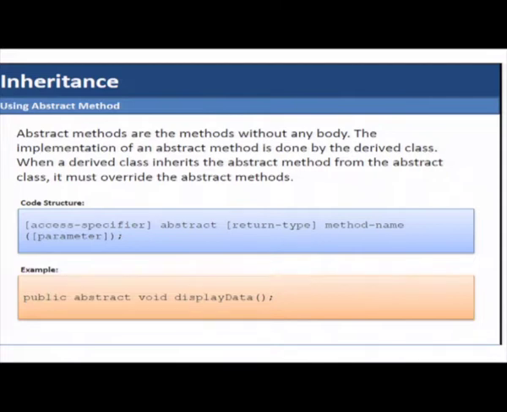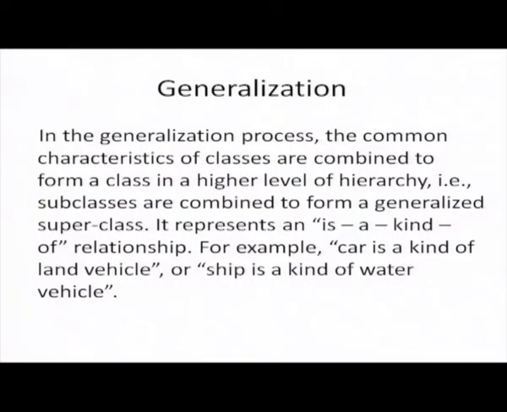Next idea, outside of associations and aggregations, the next idea to work with is what is called generalization. In the generalization process, the common characteristics of classes are combined to form a class at a higher level of hierarchy. That is, subclasses are combined to form a generalized superclass. It represents an is-a-kind-of relationship.